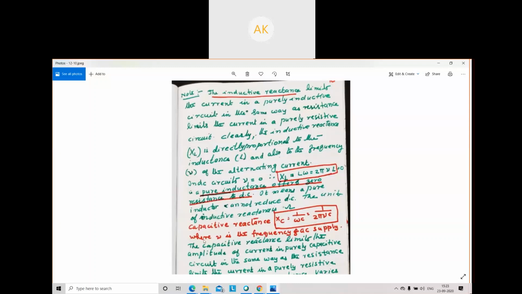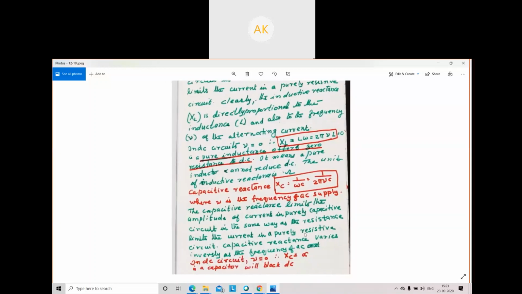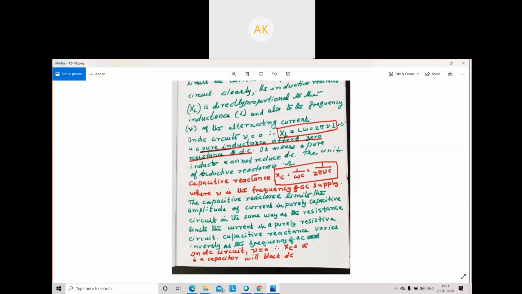So in the case of a DC circuit, let us see what happens. In a DC circuit, nu equal to 0. Frequency is not varying. It is a steady current.